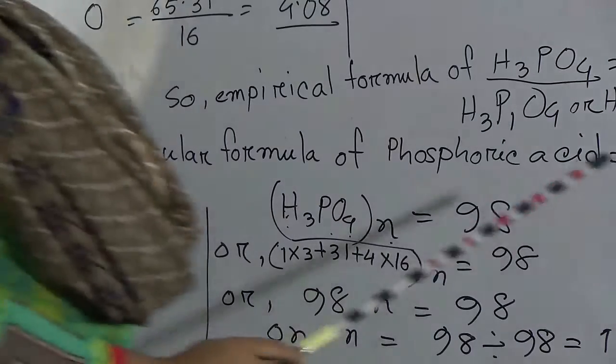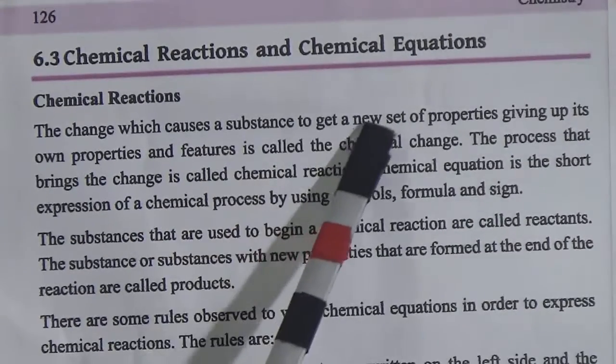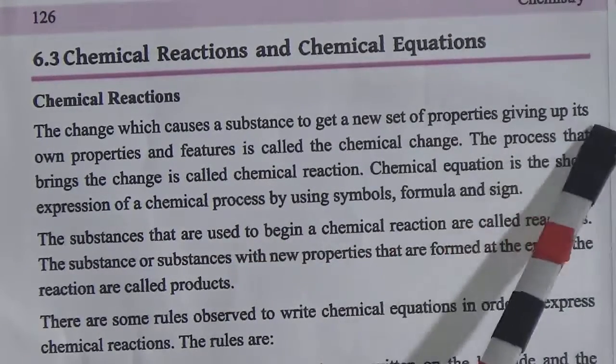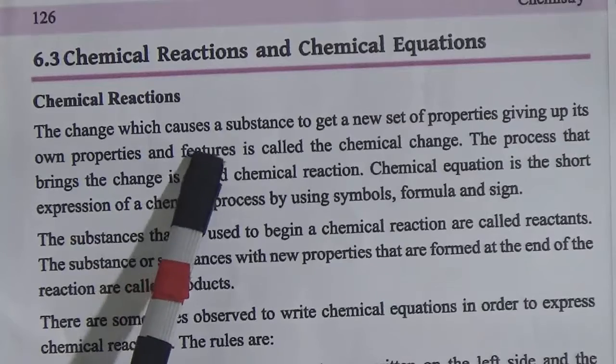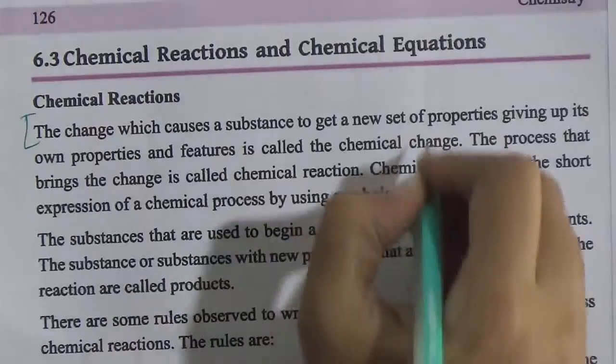So come to the next lesson, that is chemical reaction and chemical equation. The change which causes a substance to get a new set of properties, giving up its own properties, is called chemical change. This is the definition of chemical change. We have to learn this.